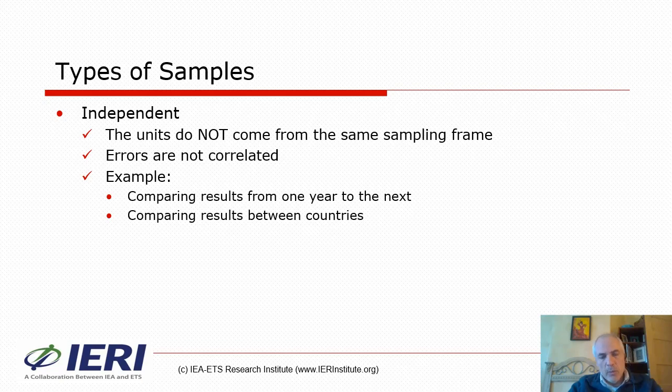This will be the case when we compare a country over the years, so between one year and the other, or when you compare different countries within the same year. The issue here is that when you have two independent sample selections, the sampling errors between these two selections are not correlated.